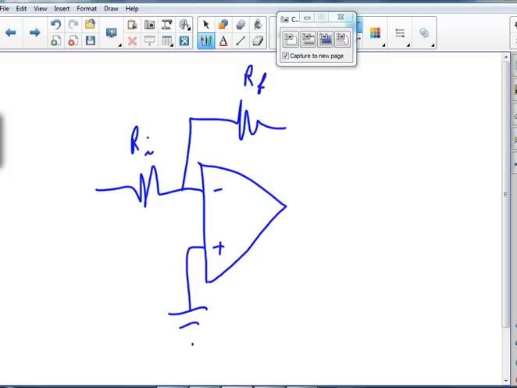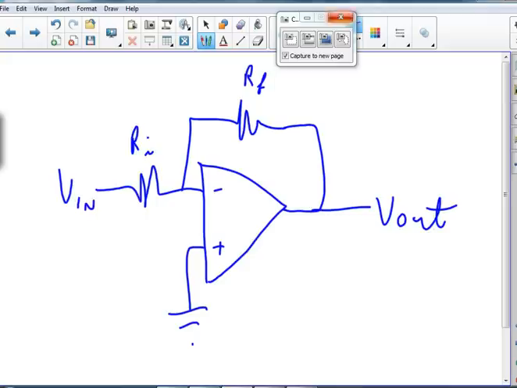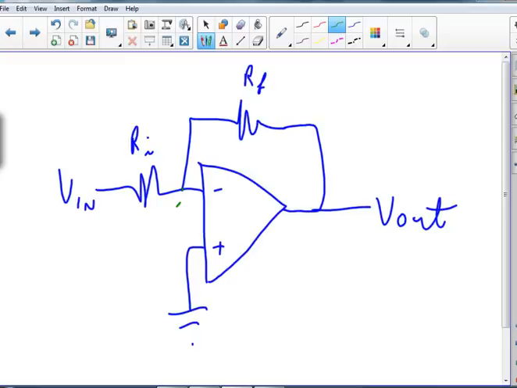Ri for the input, Rf for the feedback, and Vn, and I have a virtual ground. I have a virtual ground sitting right there. So what is the current going through the input resistor?